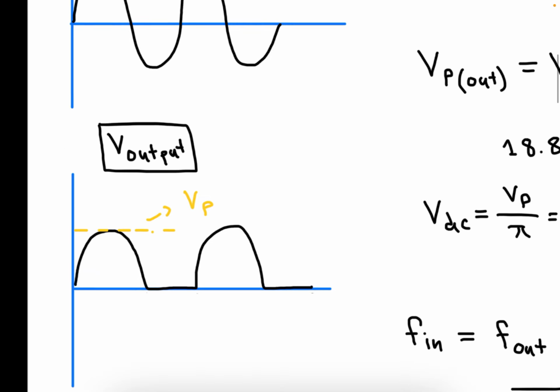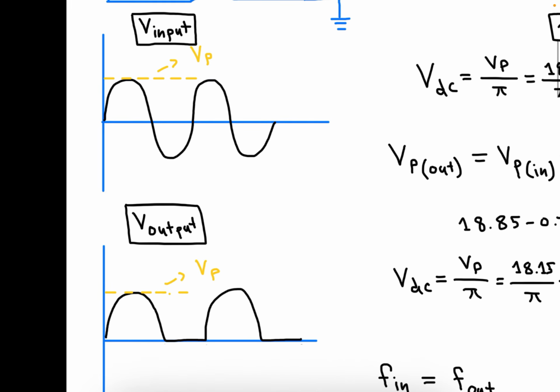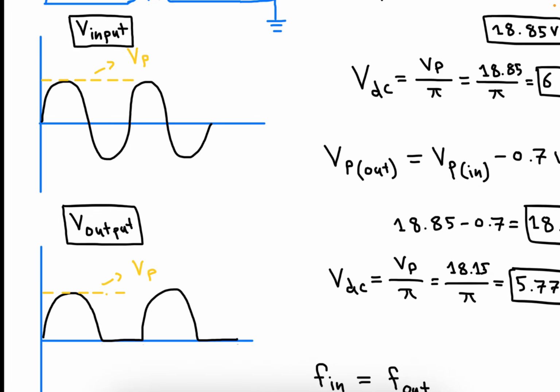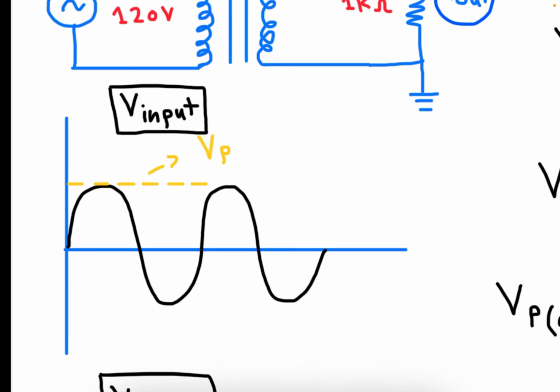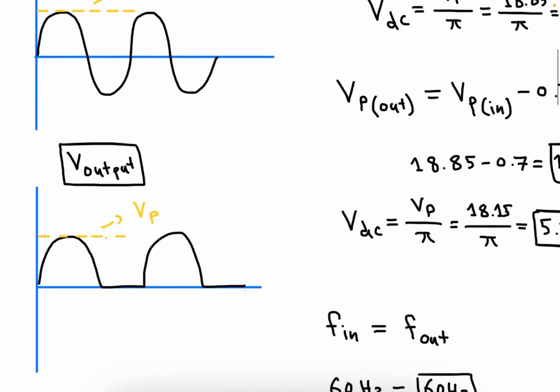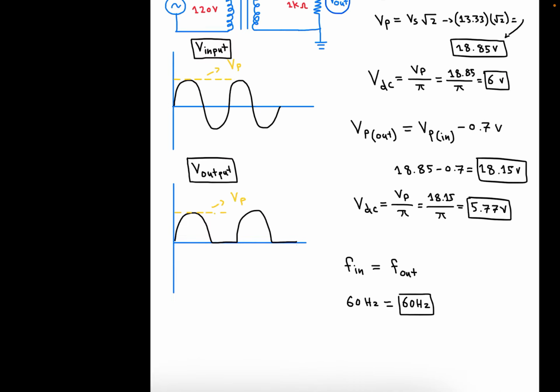Now if you want to compare the input voltage signal, I mean the waveform, and the output voltage, as we can see, that is the input voltage signal and that is the output signal voltage.